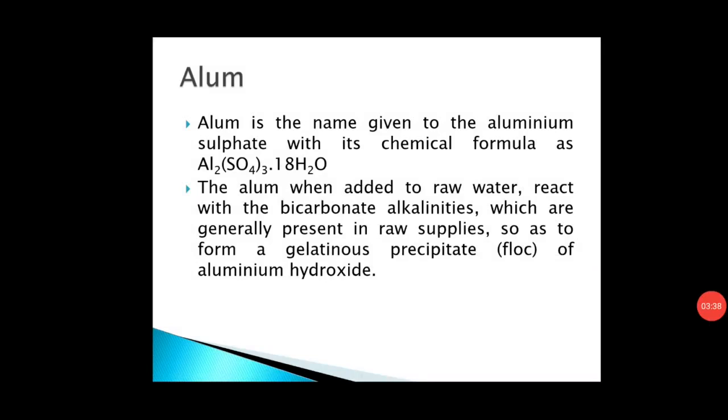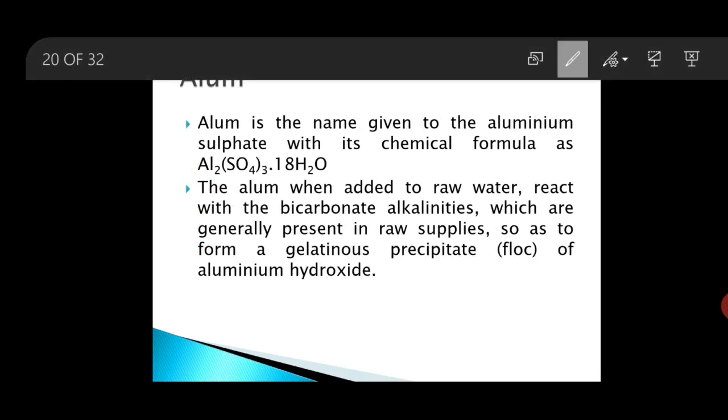So alum is the name given to aluminum sulfate, and its chemical formula is Al2(SO4)3·18H2O. When this alum is added to raw water, it will react with the bicarbonate alkalinity present in raw water, and this will form a gelatinous precipitate known as floc.